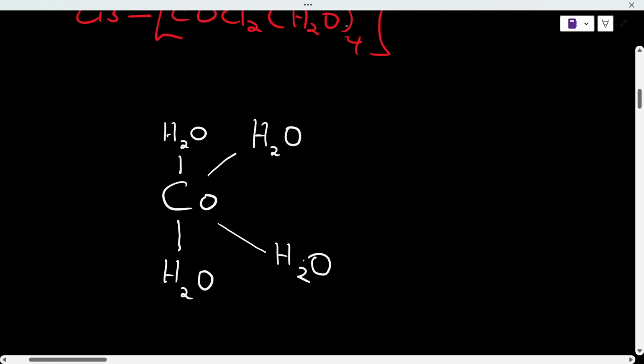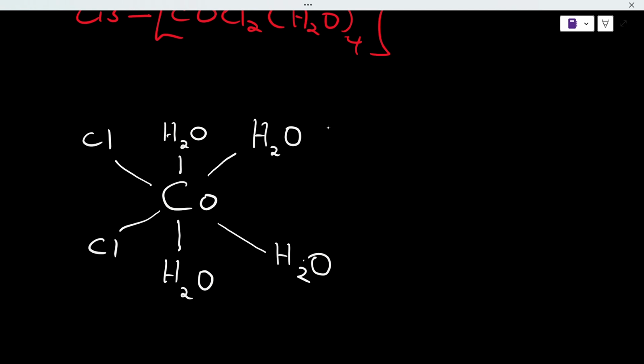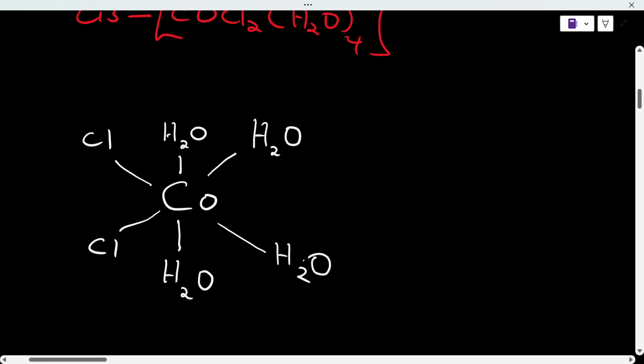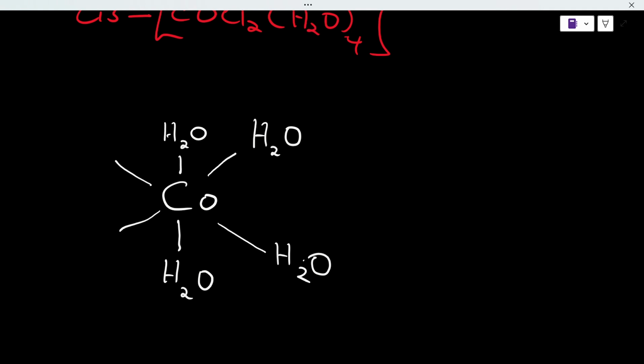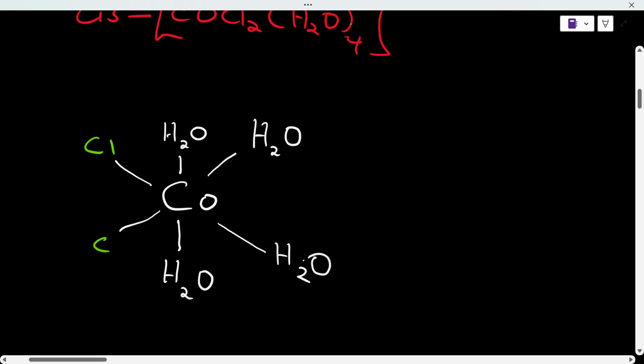Now to demonstrate cis, I must have the 2 chlorines bonded on the same side. In fact, let me use a different color to show that the 2 chlorines are bonded. I'm having chlorine and chlorine here.